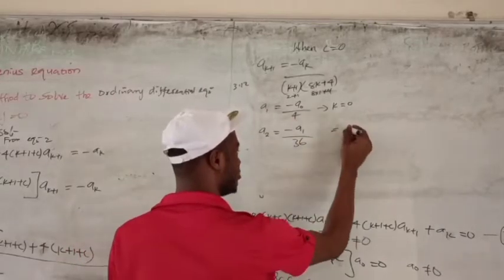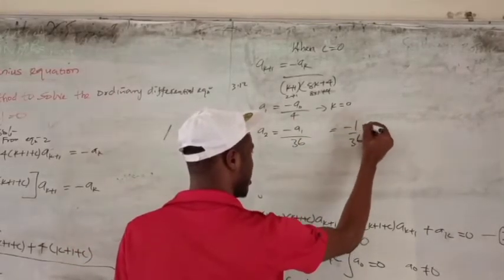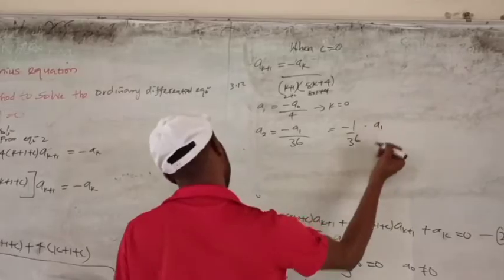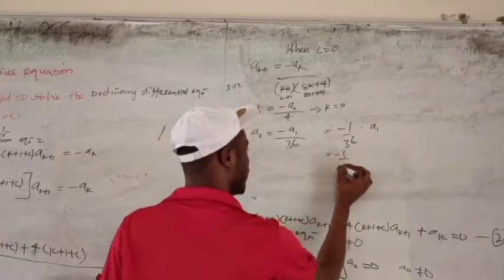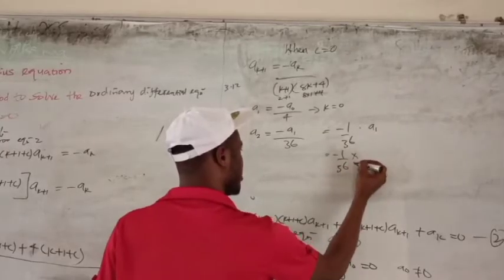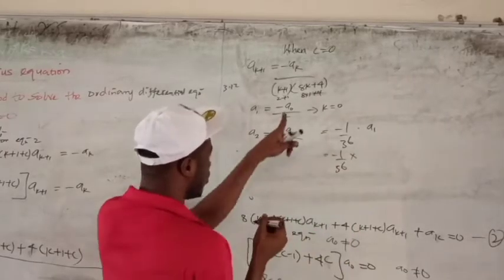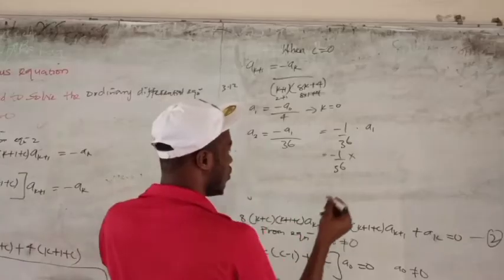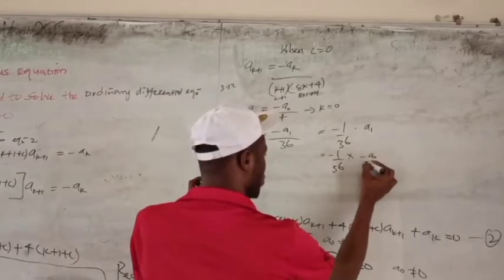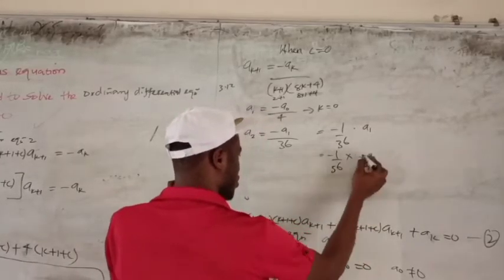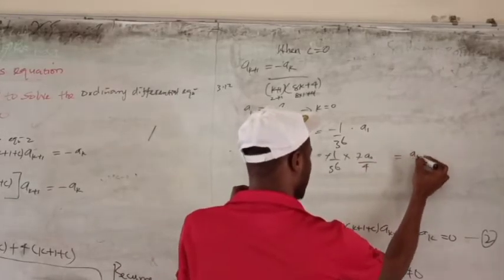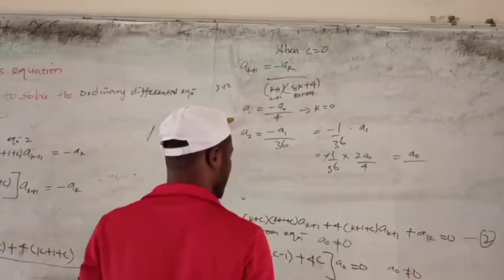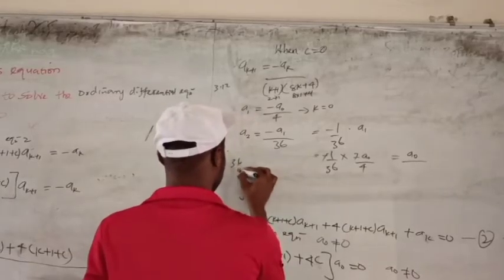This is the same as minus 1 over 36 times a1, and a1 is minus a0 over 4. So of course the negative cancels out, and I have a0 divided by 36 times 4.